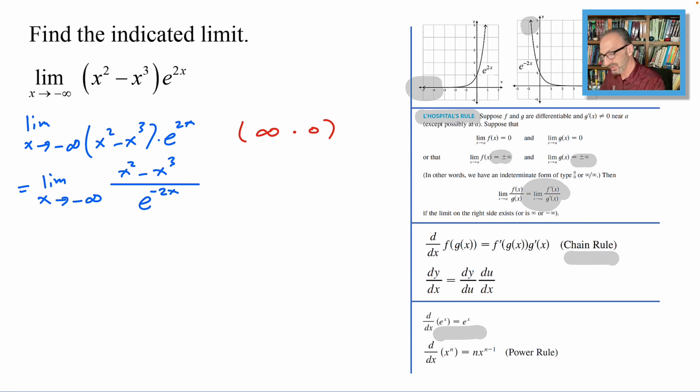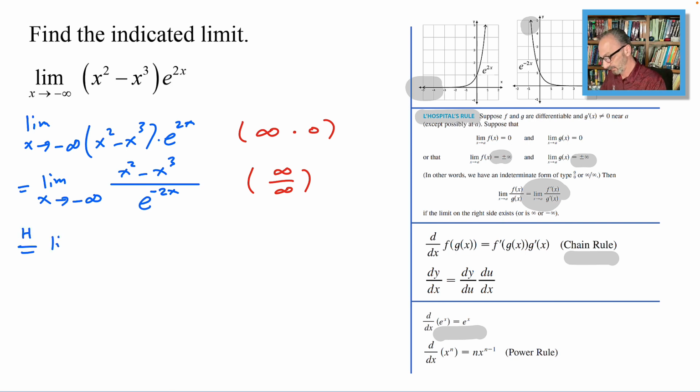Now we are using the second graph on the right side, e to the minus 2x, but as x approaches negative infinity, we mentioned that we're going all the way up to infinity. So the format becomes infinity over infinity. So now we apply L'Hopital's rule. We're going to end up doing it 3 times.